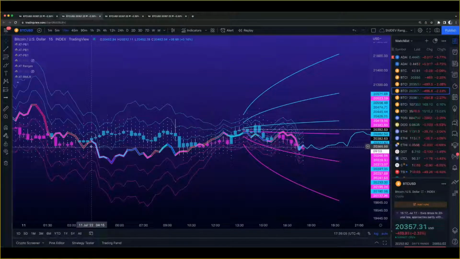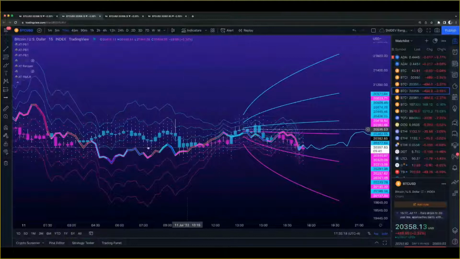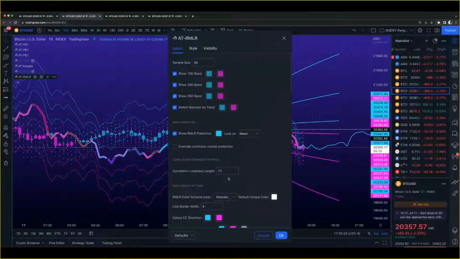But see, what's great about this indicator is it really shows you, because this prediction has nothing to do with the reverse mean, right? It's literally just showing you the colors of the prediction model.